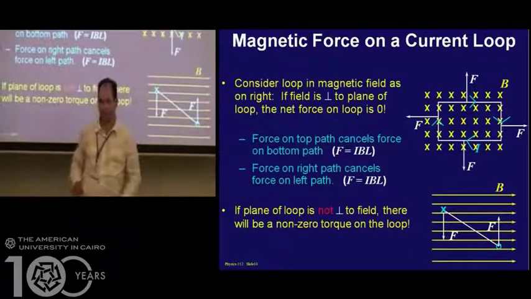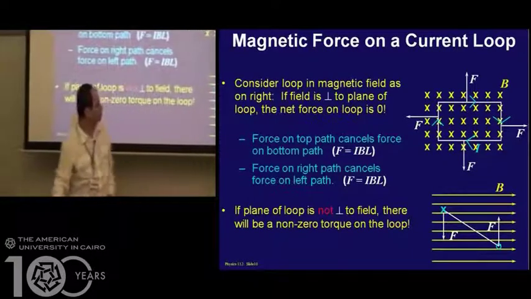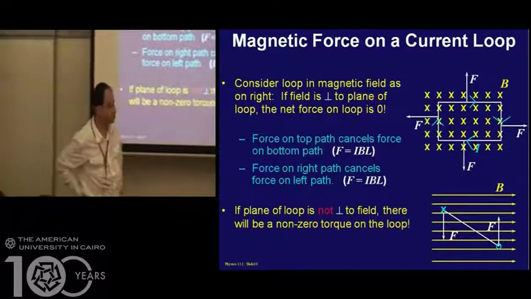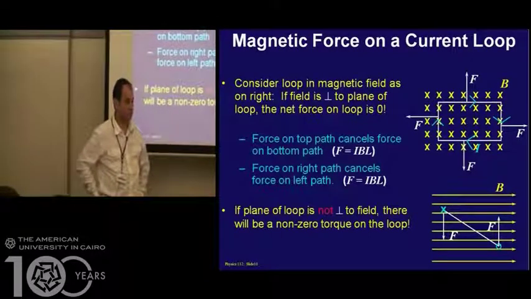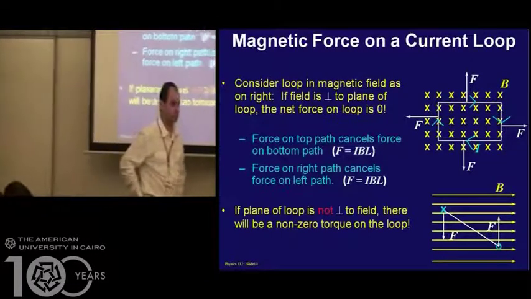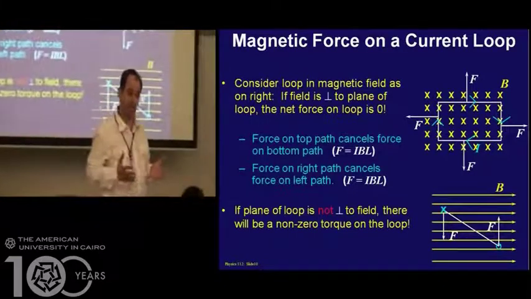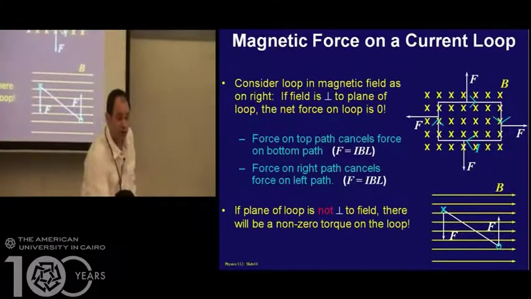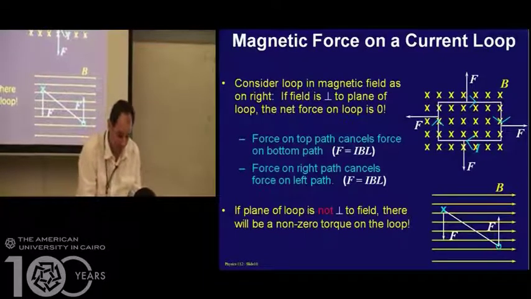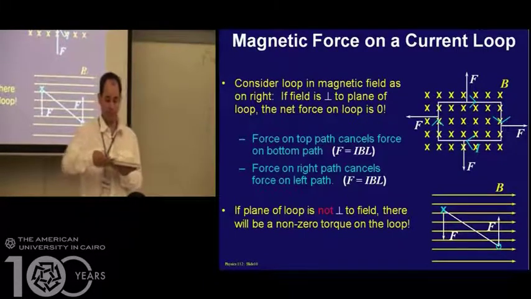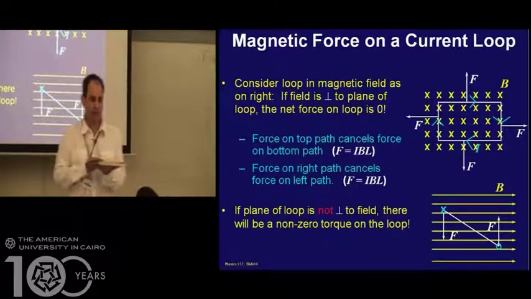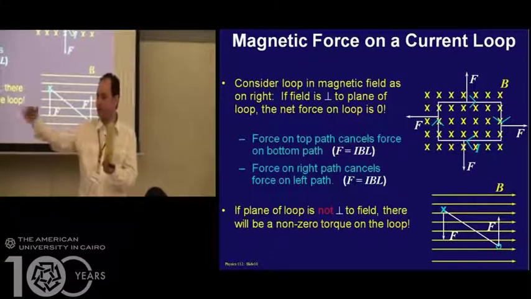So what happens? Guys, you have to imagine this. This is a three-dimensional problem, so we have to imagine it together. So that's the loop. I put it that way, and this is the magnetic field.